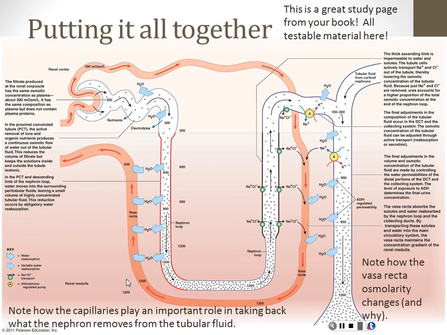If you took this blood and you just dumped it into a vein, it would cause cells around that site to shrivel up because all their water would be pulled towards this very concentrated blood. That's bad, right? So in order to keep that from happening, here we have blood that's at 1200 because the surrounding tissue is at 1200. It goes back up the nephron loop before it goes back out to the rest of the body.